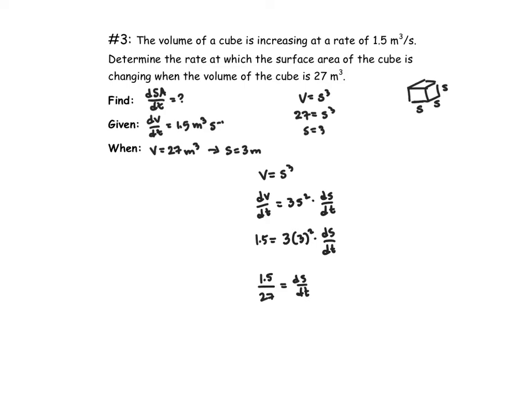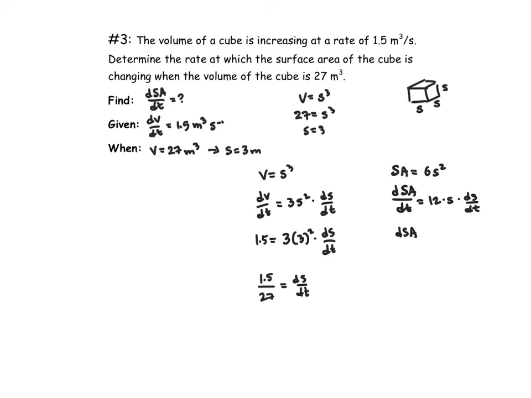Now, why would I need that? Because the surface area of a cube is 6s squared, right? Each face is a square. s squared would give me the area of the face, and there's 6 of those. So the derivative of the surface area with respect to time would be 12 times s times ds/dt. And you can see that I would need ds/dt.